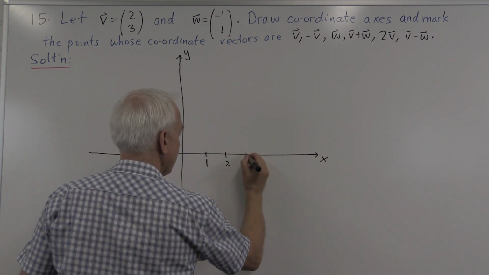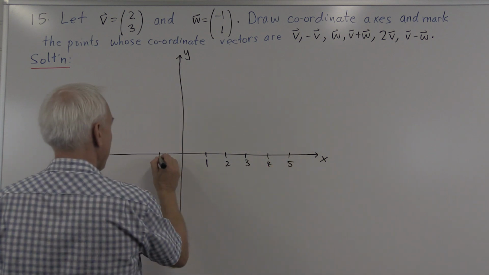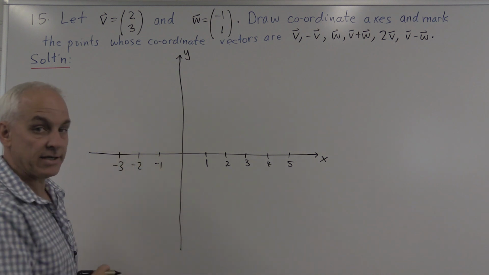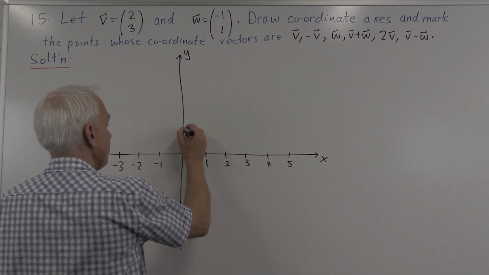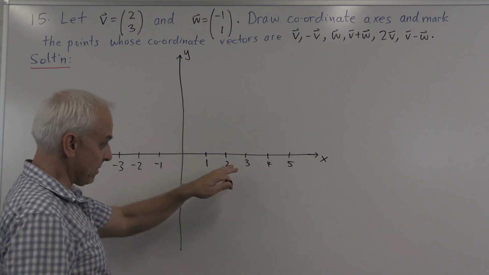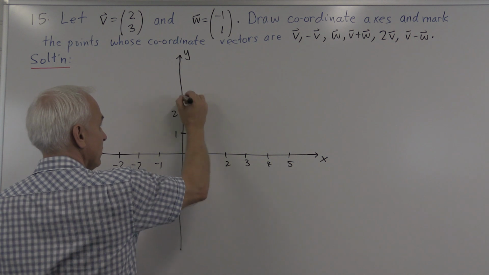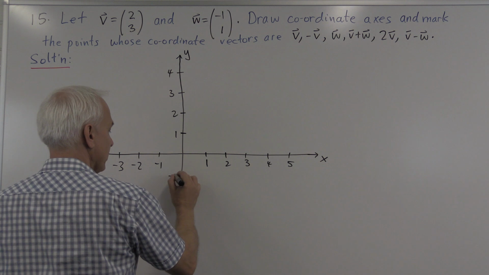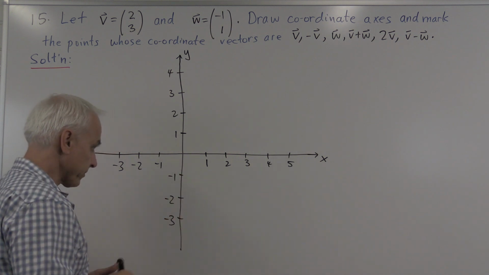Okay, so that's 2, 3, 4, 5, minus 1, minus 2, minus 3, and so on along the x-axis. And then along the y-axis, well, we'll choose a similar scale. In fact, it doesn't actually have to be exactly the same size as this scale, but it's usual to do so. 1, 2, 3, 4, minus 1, minus 2, minus 3, and so on.